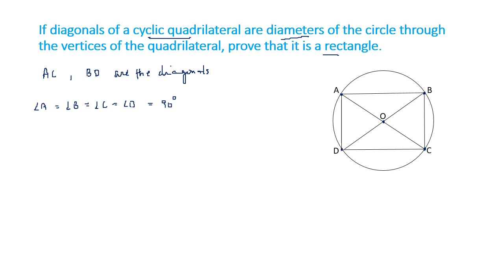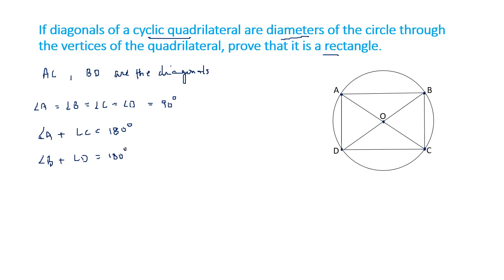So to show it is a rectangle, all you have to do is show that all the angles are 90 degrees. So now think of a method to show that all the angles are 90 degrees. Now you even know angle A plus angle C equals 180 degrees and angle B plus angle D equals 180 degrees. This is all we know.